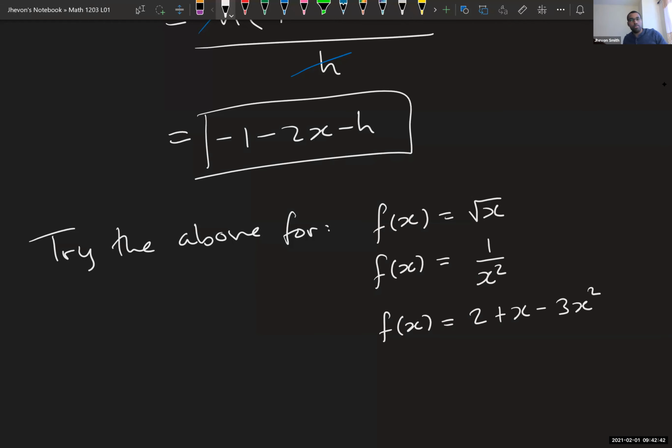Just try a few, see, could you get to them correctly? But kind of tell you where you are. So try to do that, and it'll reveal a lot to you.